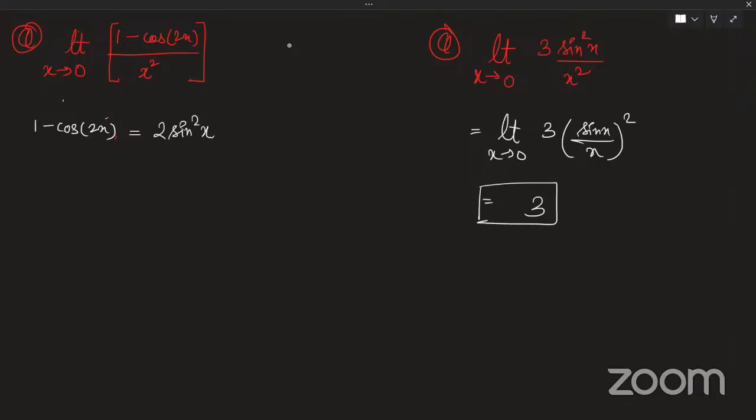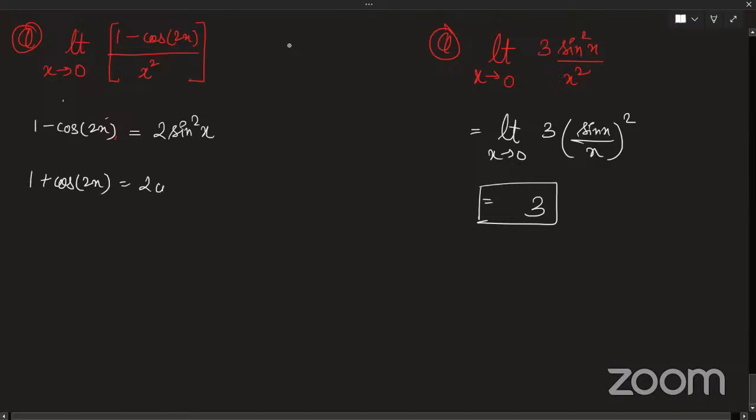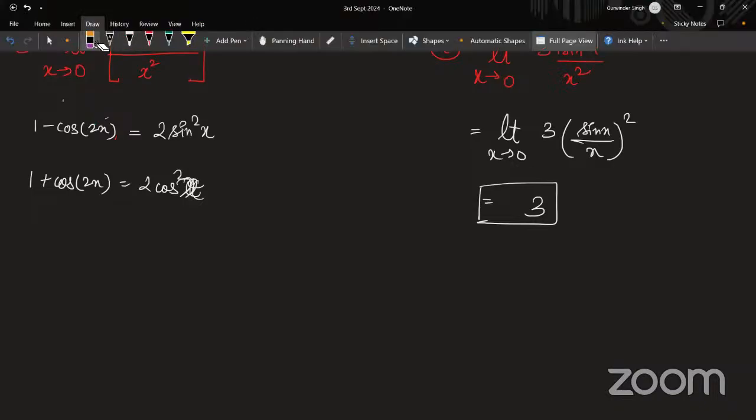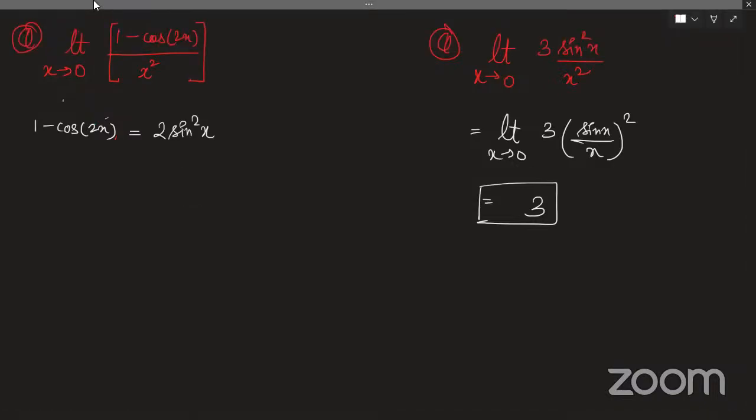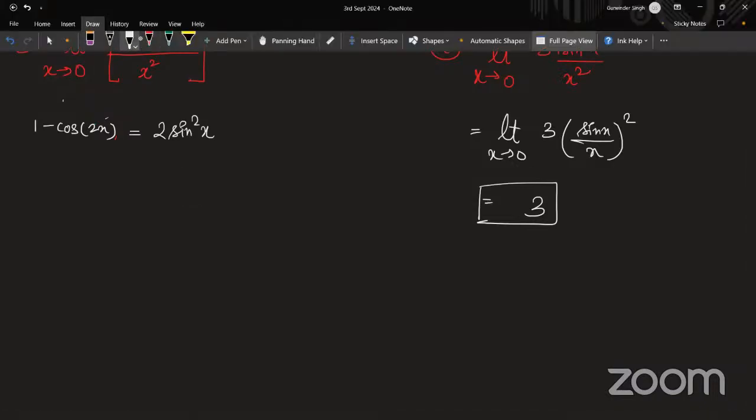You have studied trigonometry, right? What you are saying is 1 plus cos of 2x, that is equal to 2 cos square. 1 minus cos is 2 sine square.